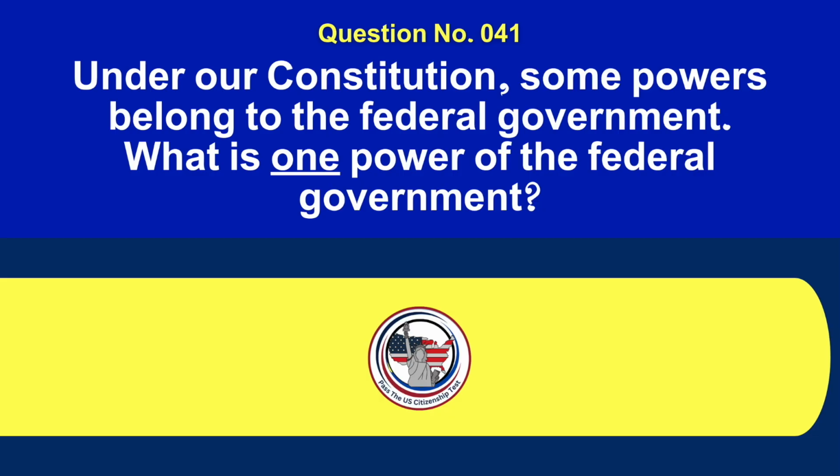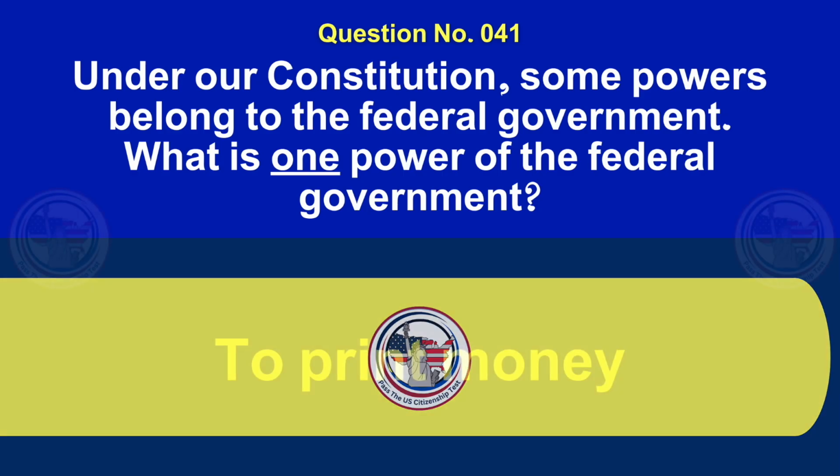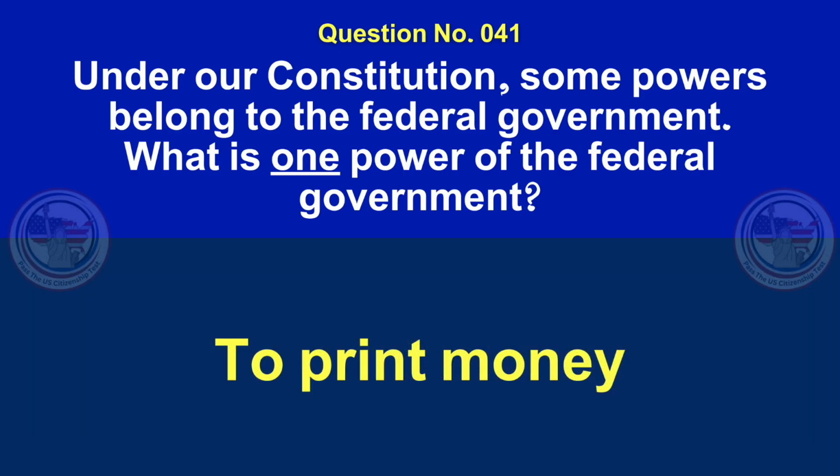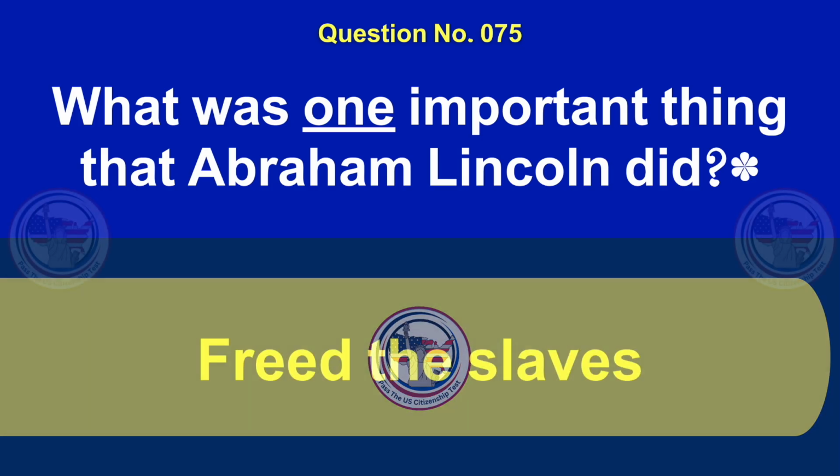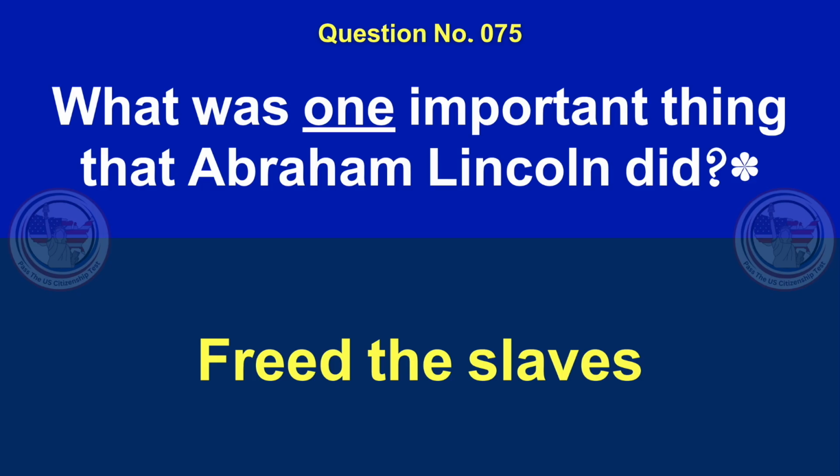Under our Constitution, some powers belong to the federal government. What is one power of the federal government? To print money. What was one important thing that Abraham Lincoln did? Freed the slaves.